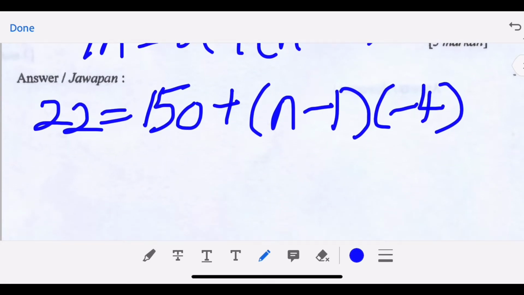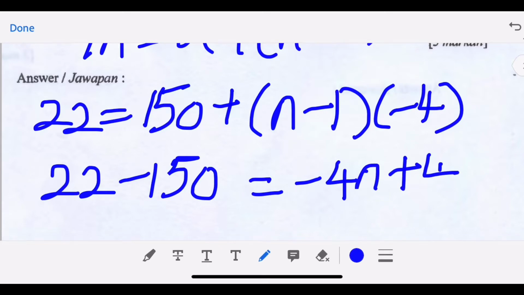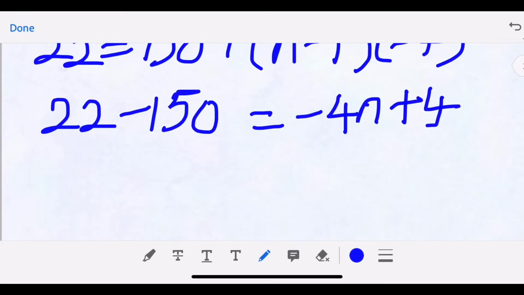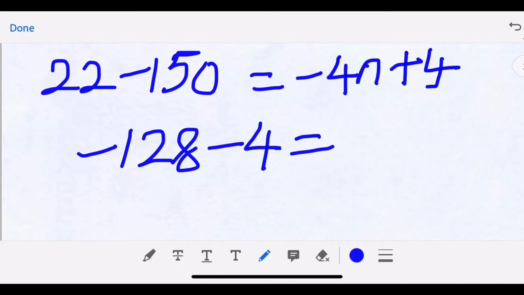So I substitute into the equation. I try to work out my n, and that n is actually the number of weeks, so it should be the integer. So I have negative 128 minus 4 equal to negative 4n.